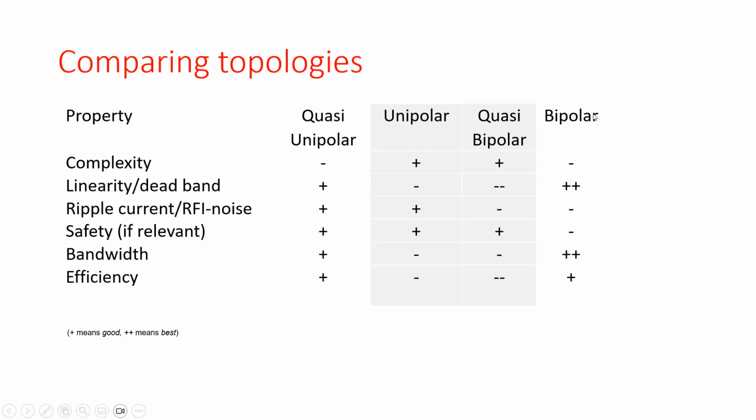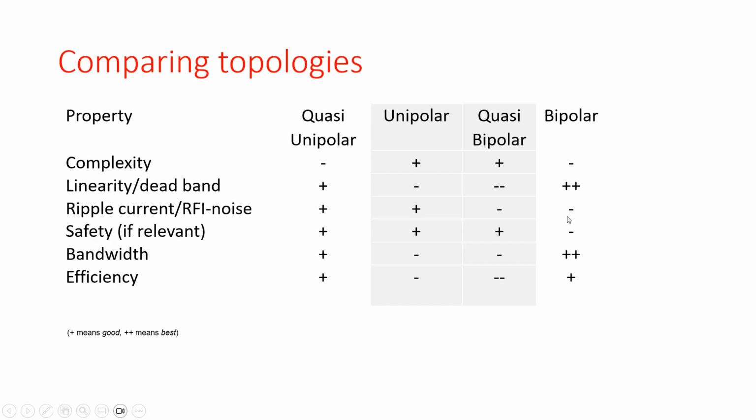On the other hand, for the bipolar topology, the linearity is somewhat better and it has somewhat higher bandwidth. But keep in mind that you might have a safety issue, something which you probably have to look into when using that topology. And you might have somewhat more RFI noise because of the faster switching.